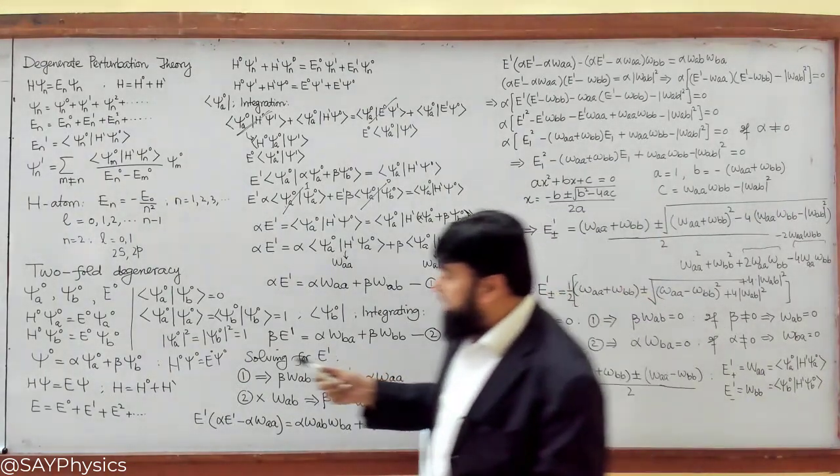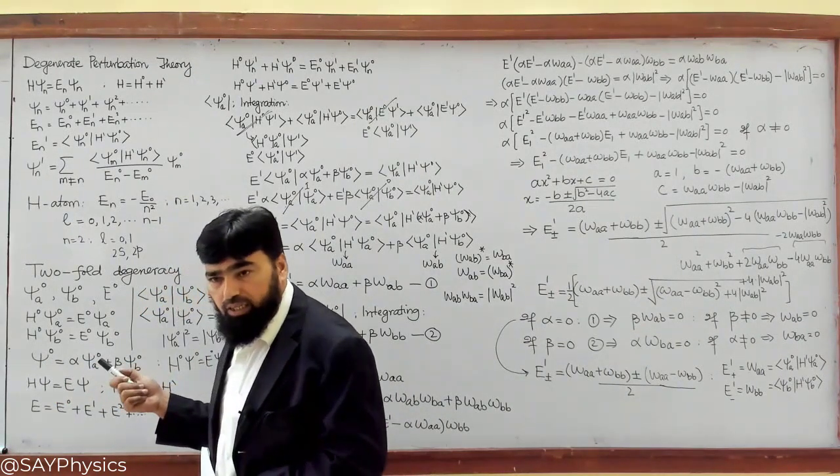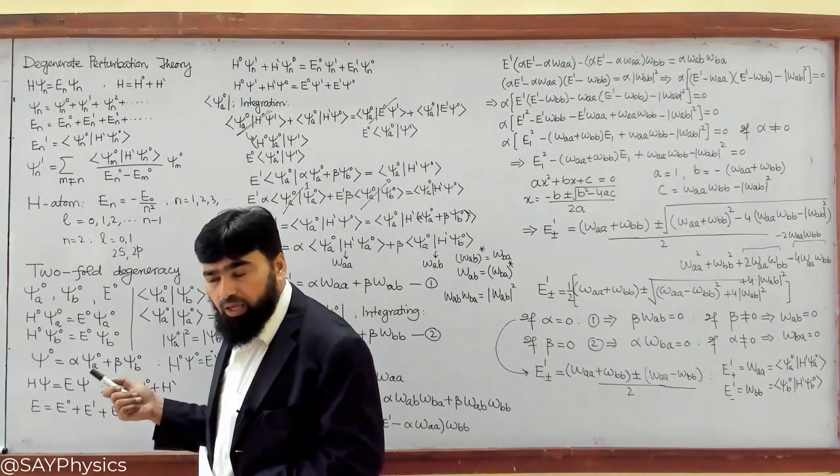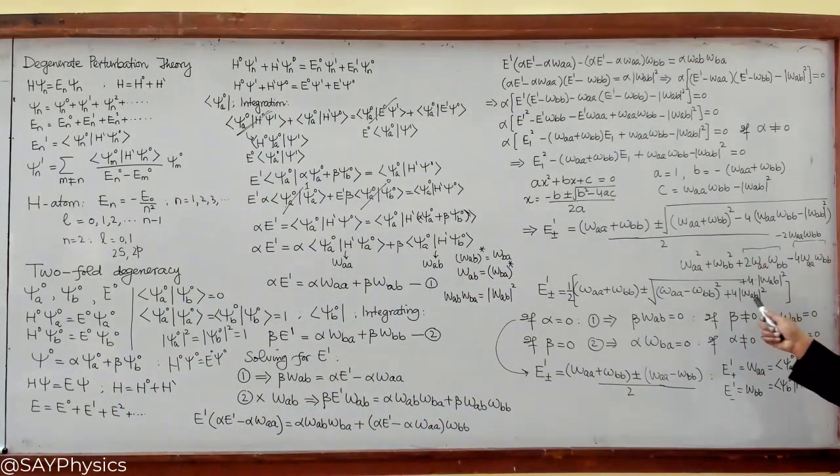We wrote them in this combination, alpha psi A0 and beta psi B0. So if this value means the cross term value, the WAB value, comes out to be 0, when alpha is equal to 0 and beta is not equal to 0, then WAB is equal to 0.